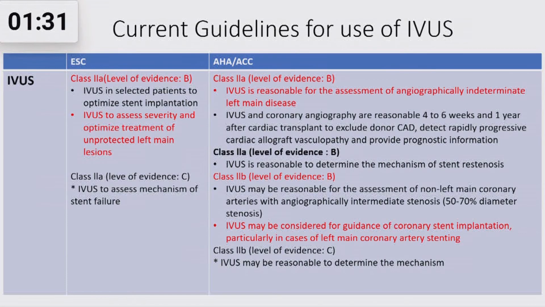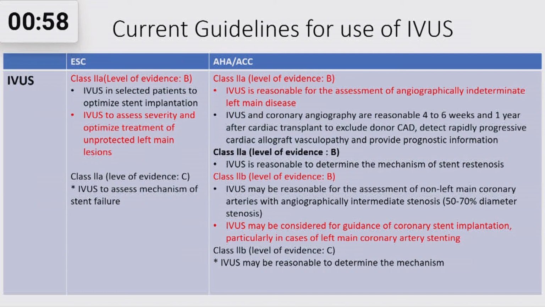And what are the recommendations that we have? The current ESC guideline gives class 2A for IVUS to assess the severity and optimize the treatment of unprotected left main. The AHA and ACC guideline also gives class 2A, and IVUS is reasonable for the assessment of angiographically indeterminate left main disease. So we can use IVUS to decide whether you will do the PCI or not.